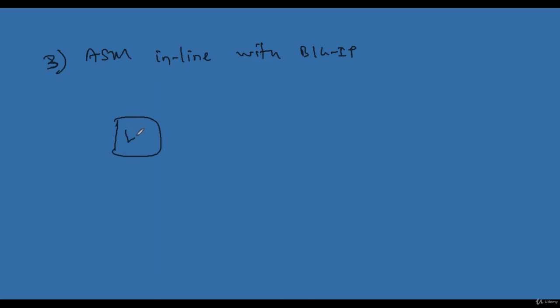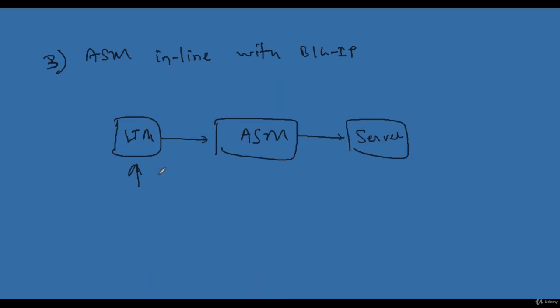So your traffic first comes to LTM, and then from LTM it goes to the ASM. Then from ASM it goes to the server. With this specific architecture, whatever load balancing features we want to make use of from LTM, we can do it here, and then we can configure security with respect to our application.